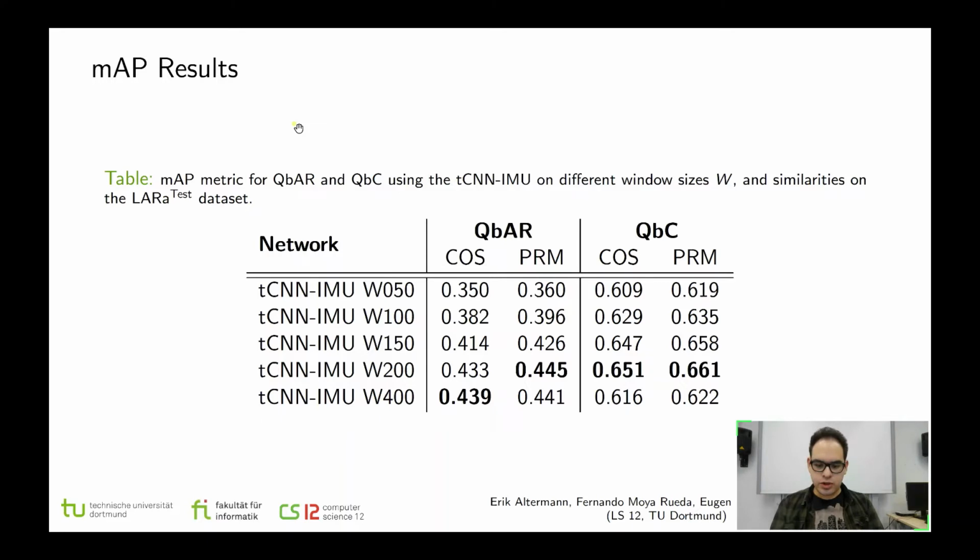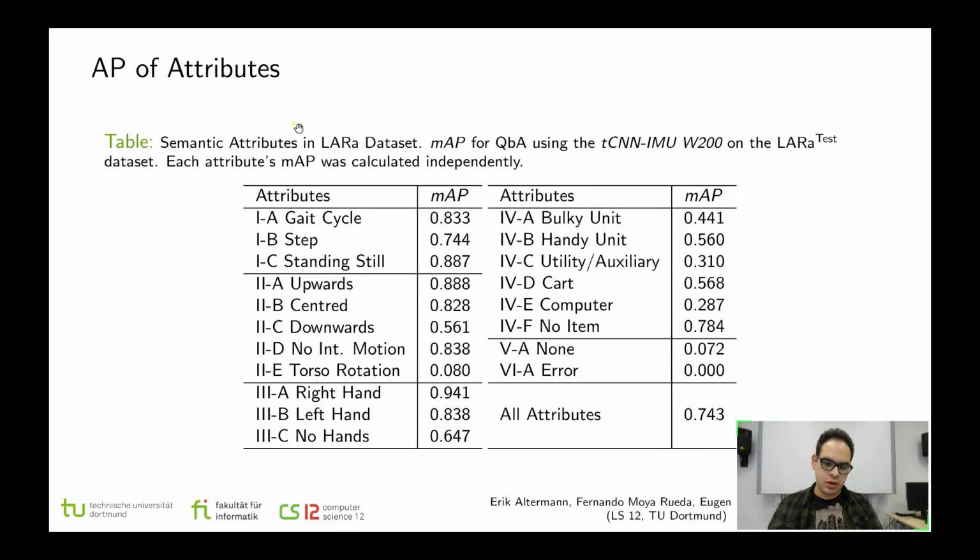In contrast, query by attribute representations are not as good. But if we compare the attribute representations with single attributes, we can see here that the mean average precision values are very good. And this shows us that it is feasible to use retrieval in a productive manner.